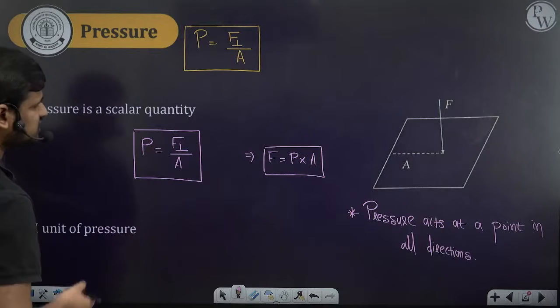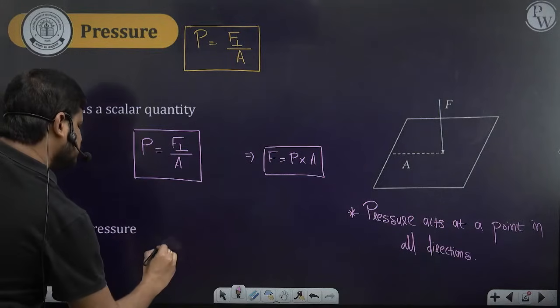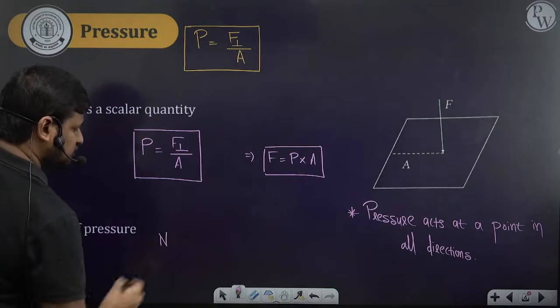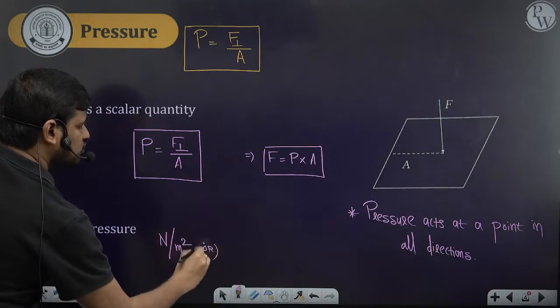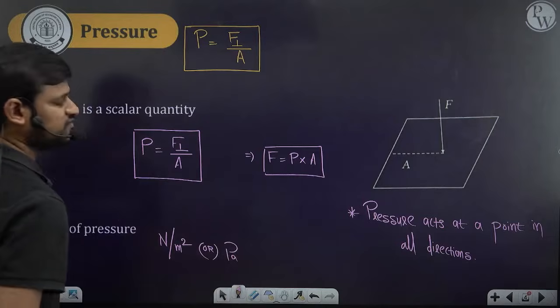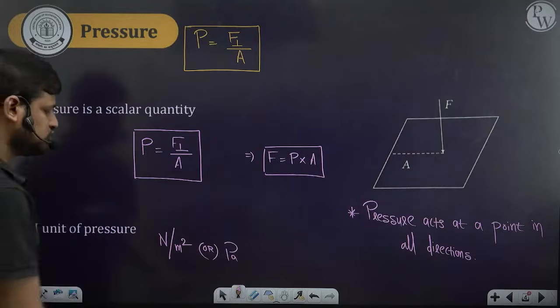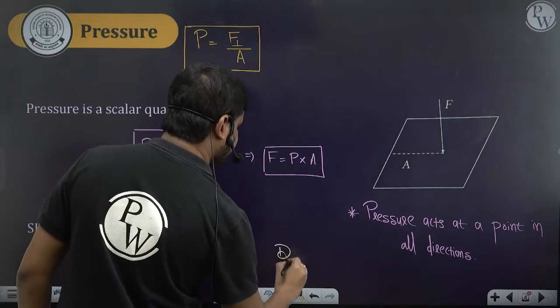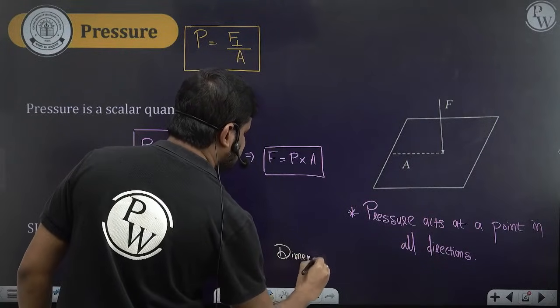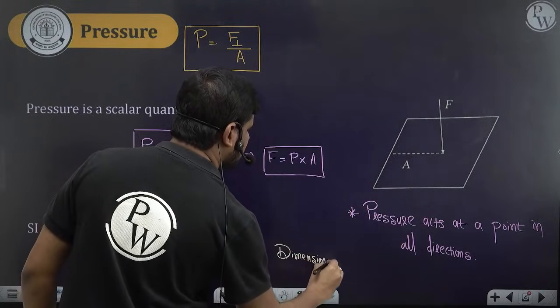What are the units of pressure? Force in Newton, area in meter square, so Newton per meter square, which is also called the Pascal. Now for you the homework is to write the dimensional formula. Mention what the dimensional formula for pressure is.